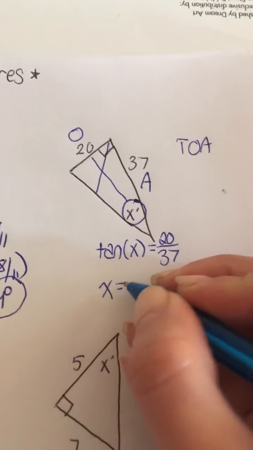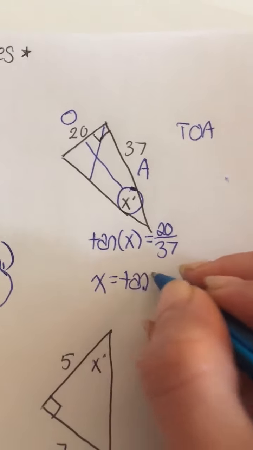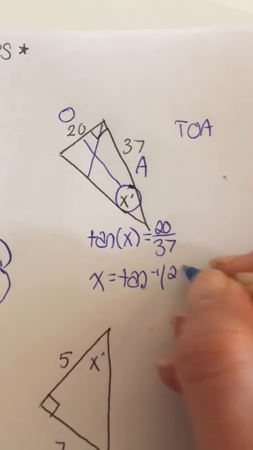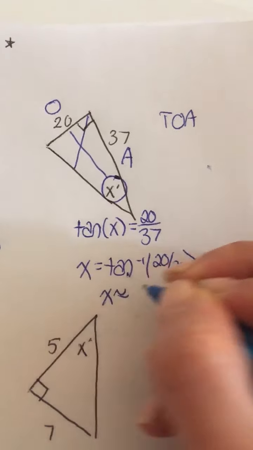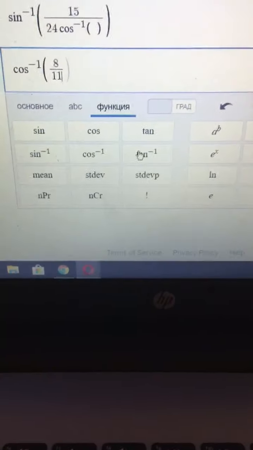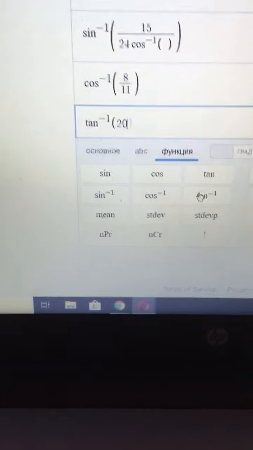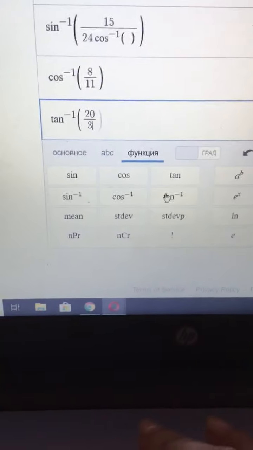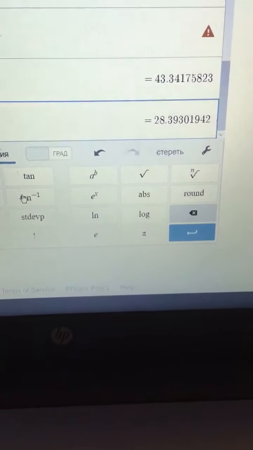So now we're not taking sine inverse or cosine inverse, we need to take tangent inverse of this fraction, 20 over 37. So now we've finally used all 3 of them. Hit that enter button, and then tangent inverse of 20 over 37, which is 28.39 degrees.